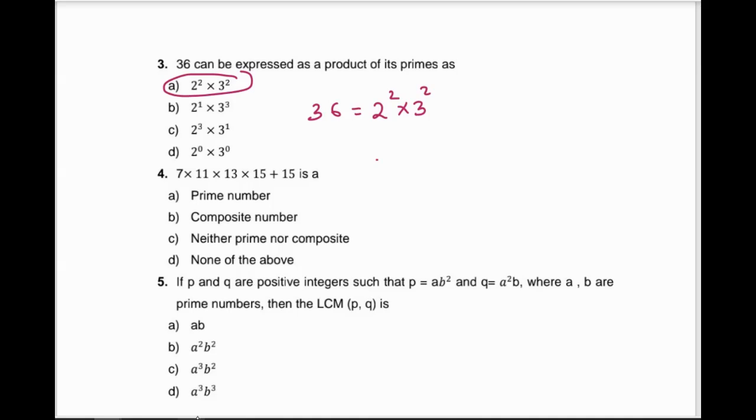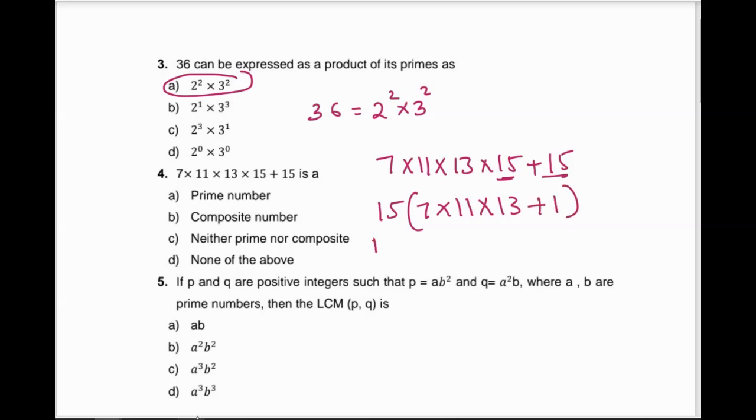So we have to see 7 into 11 into 13 into 15 plus 15. Here we can see 15 is common, so we take 15 common out. It becomes 15 into 7 into 11 into 13 plus 1. 7 into 11 is 77, into 13 gives 1001, plus 1.